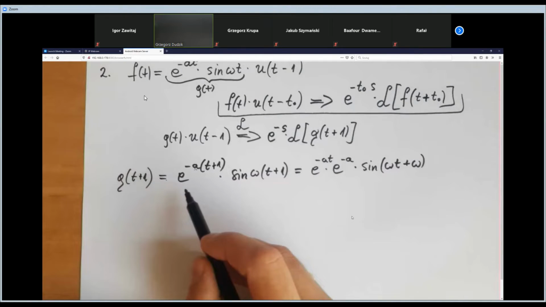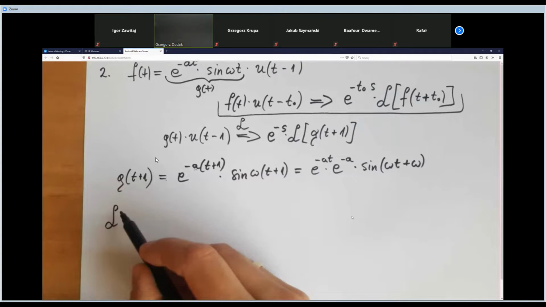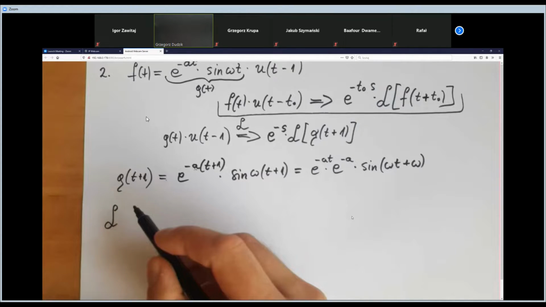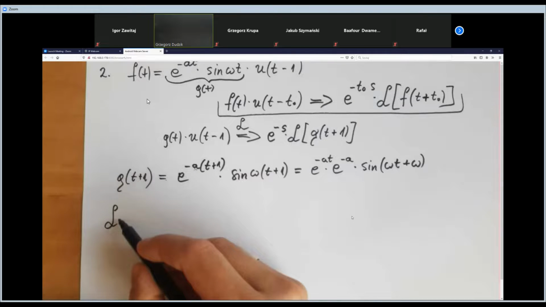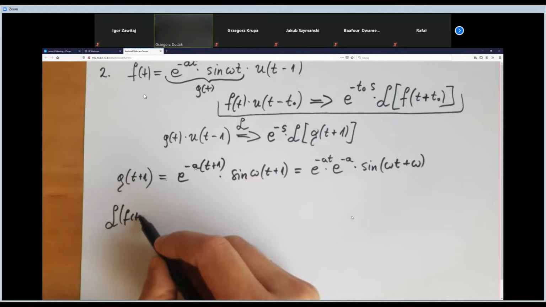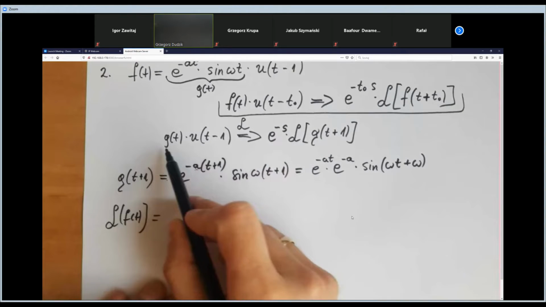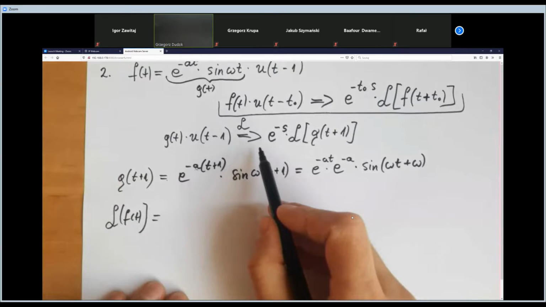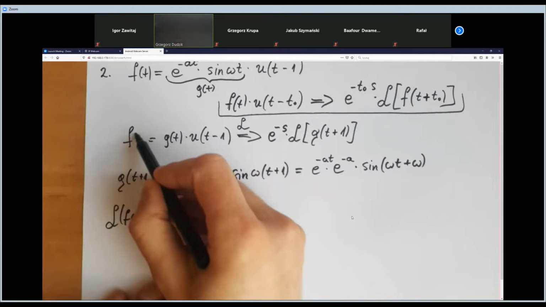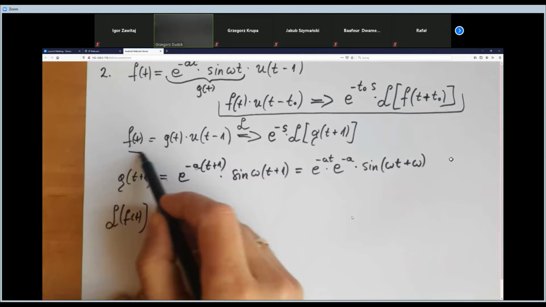All right. So the Laplace transform of our function f(t) totally will be equal. We have to come back to this one, and this is our f(t).